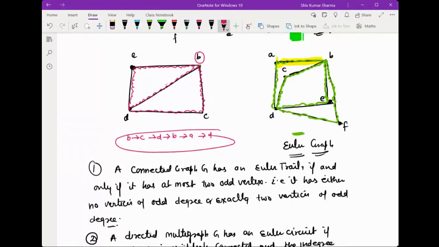Now you see this example. Is this an Euler graph or not?